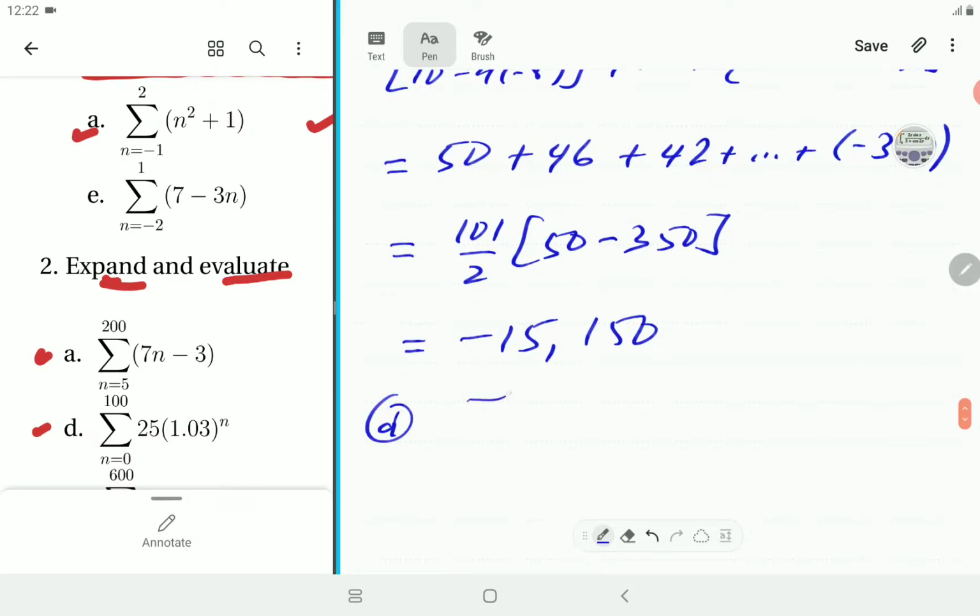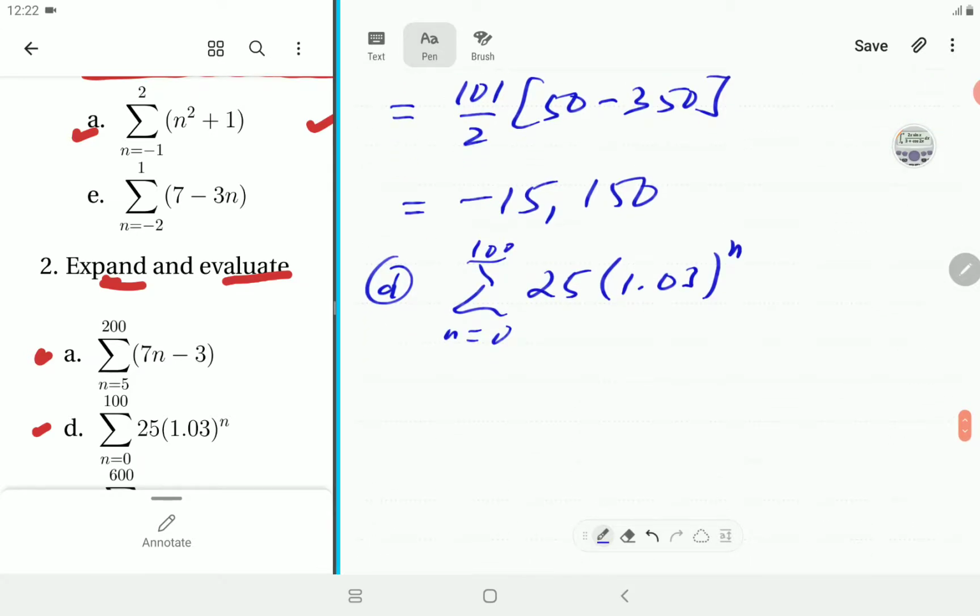So in D we have the summation of 25 times 1.03 to the power n. N is going from 0 to 100. All right, so first term is going to be 25 times 1.03 to the power 0.